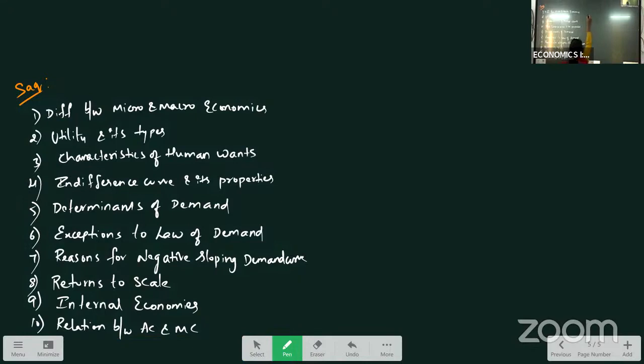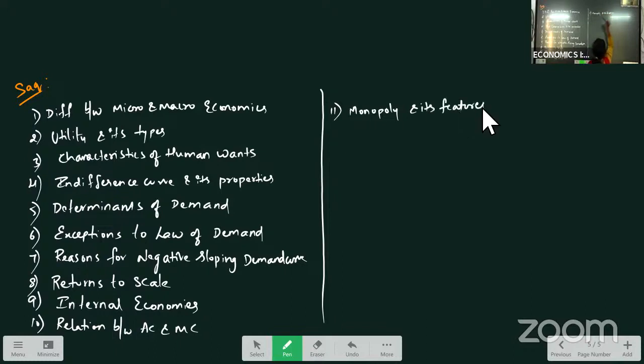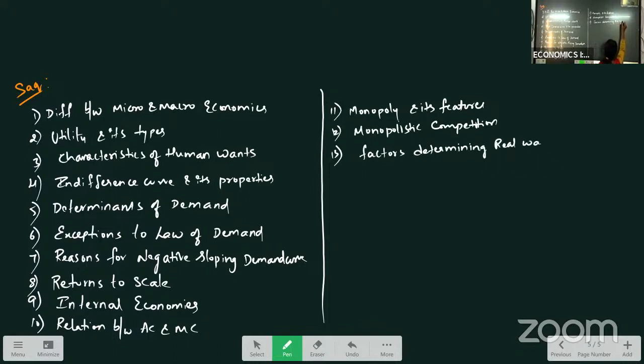Okay, next question you will be preparing for your SAQ will be monopoly and its features, monopolistic competition, and factors determining real wages.